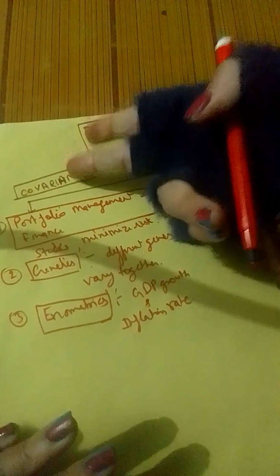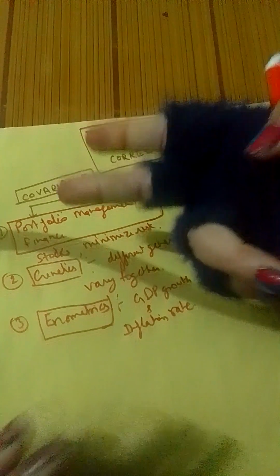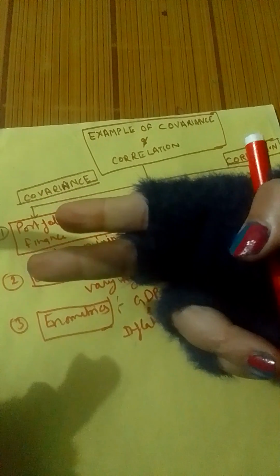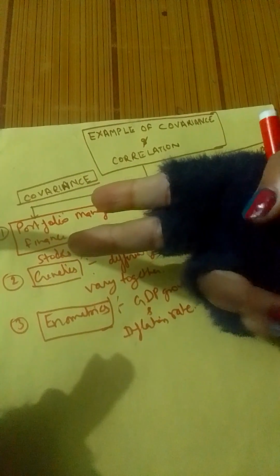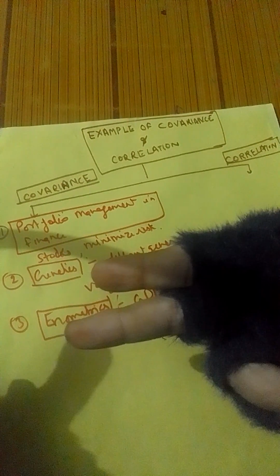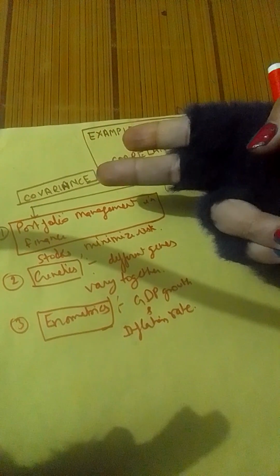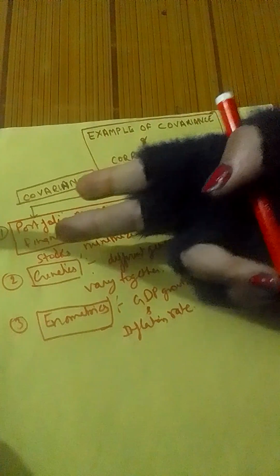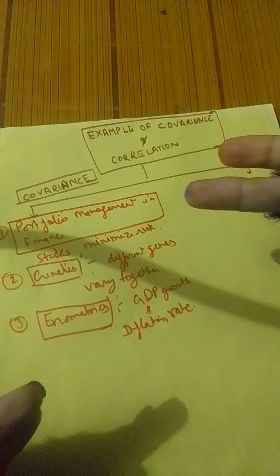And covariance is nothing but a measure of the relationship between two different variables. That is what covariance checks. So it predicts the direction of the relationship.